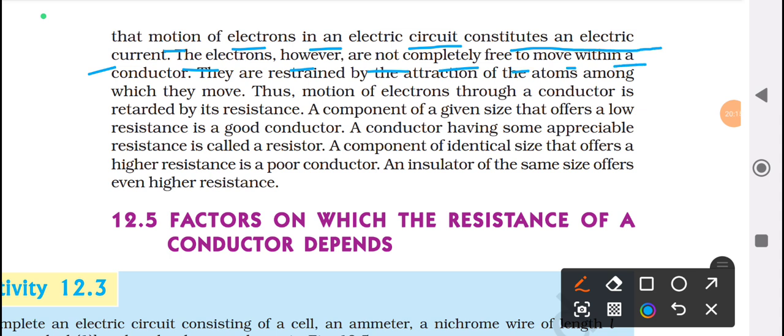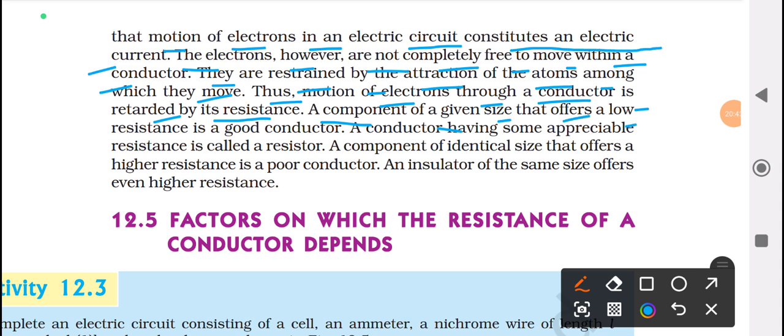The electrons, however, are not completely free to move within a conductor. They are restrained by the attraction of the atoms among which they move. Thus, motion of electrons through a conductor is retarded by its resistance.